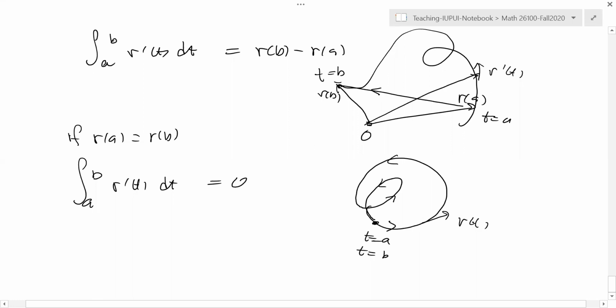If you tell me this is a closed curve, and I'm given the tangent vector function, then the integral of the tangent vector function must be 0. So that's all we need to know. I stop here, and my next class will be on the length of the curve and the curvature.